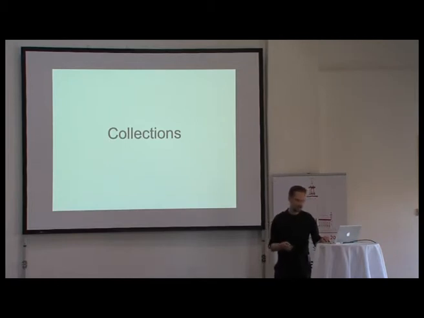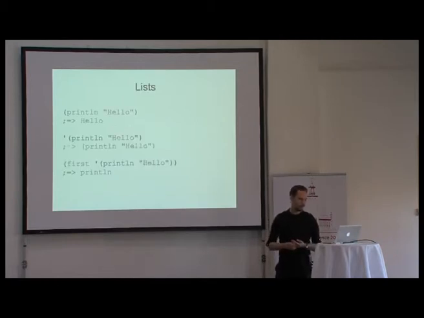So let's take a peek at the collections. As mentioned, you have the regular list syntax, which is used for evaling expressions. So by design, the Clojure engine interprets and evals these expressions so that println hello results in the printing of hello.